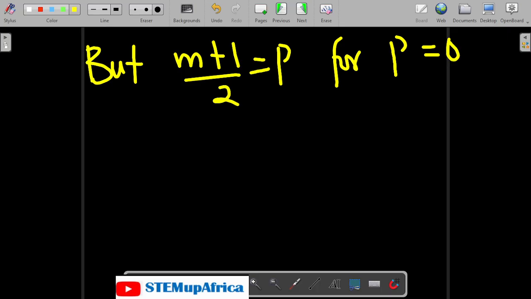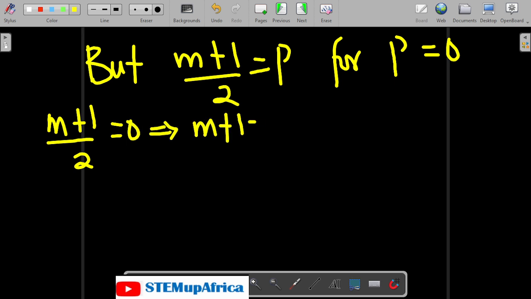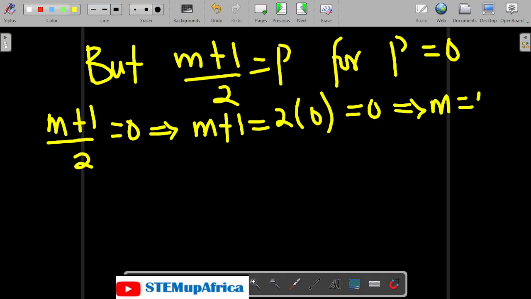And you can see for p, I put 0. So I'm having n plus 1 over 2 is equal to 0. This one implies that n plus 1 equals to 2 bracket 0. Bracket means times, so 2 times 0 will give us 0. So that implies my n is now 0 minus 1. n will give us minus 1.